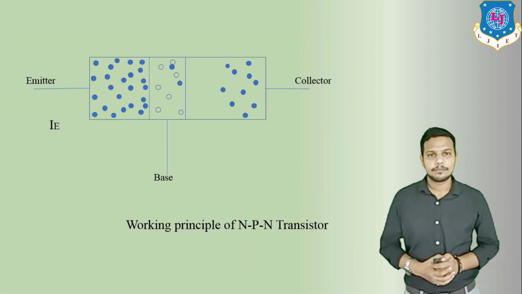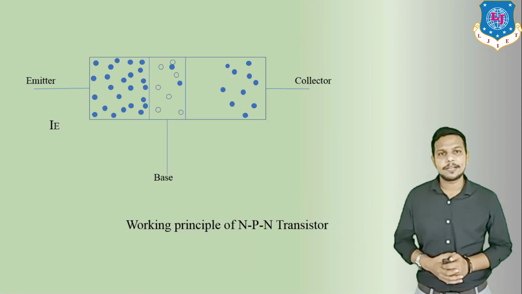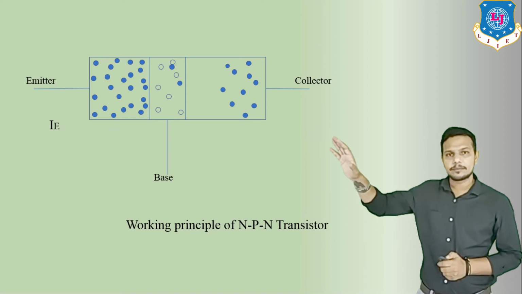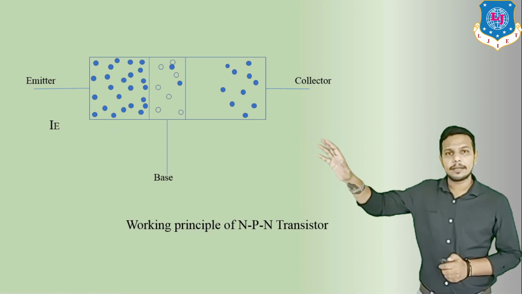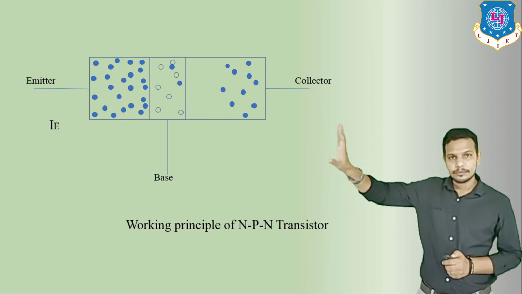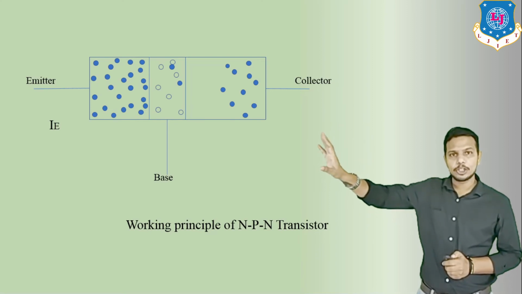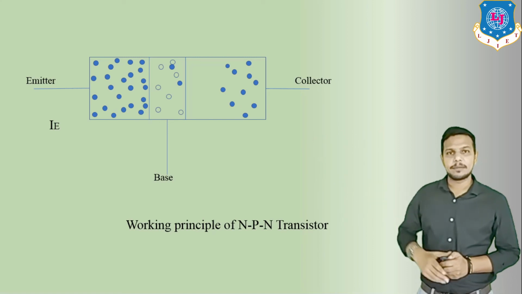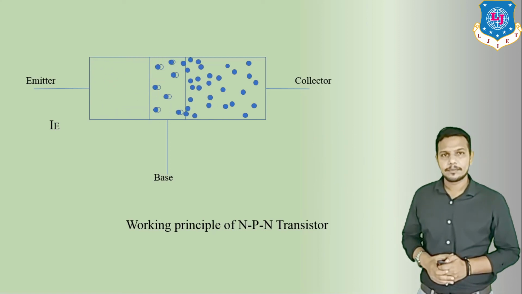Here we can see the working principle of an NPN transistor. In the emitter terminal, a number of electrons are moving towards the base terminal like this.